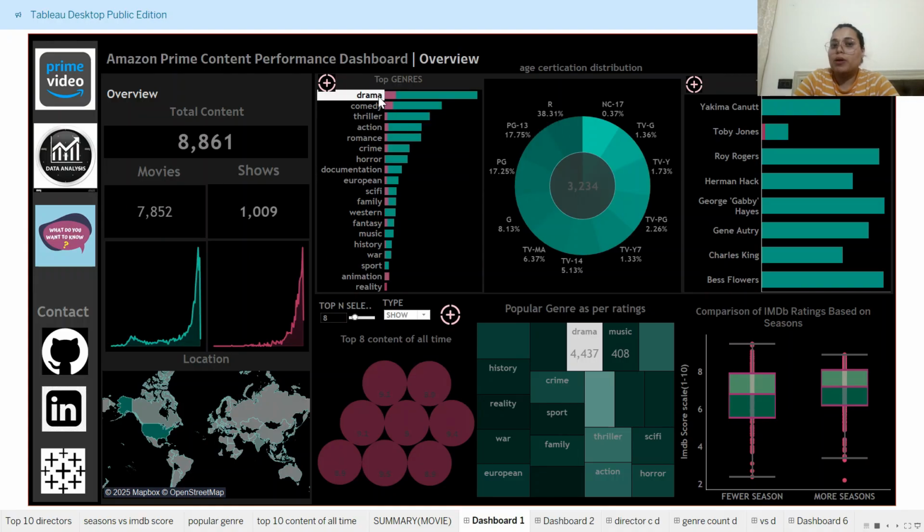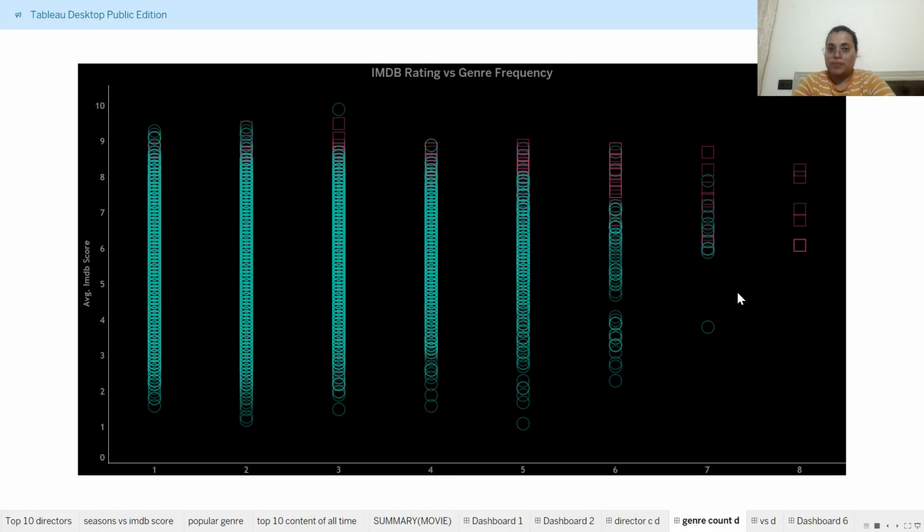Also, if people are focusing on these genres in the total content, we also need to make more content related to them, because sometimes people engage with these kinds of genres. Let's talk about genre count.